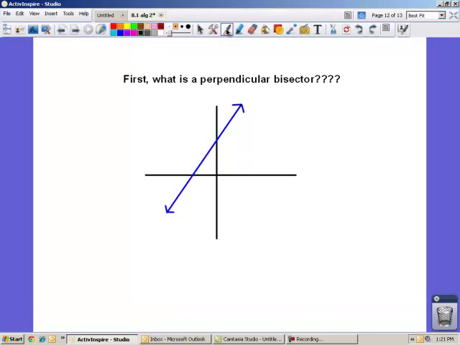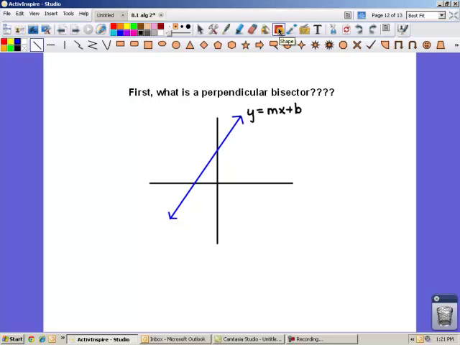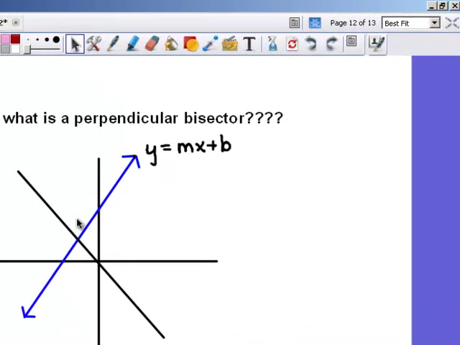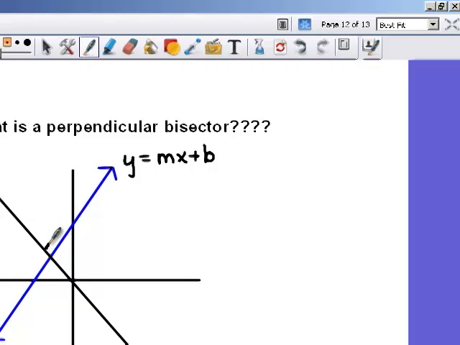So for instance, let's say we just have this line, this blue line, and there's an equation, and of course it would be some sort of equation like this. When you have a perpendicular bisector, what you basically have is a line of a different equation that bisects it, and it forms a right triangle here.